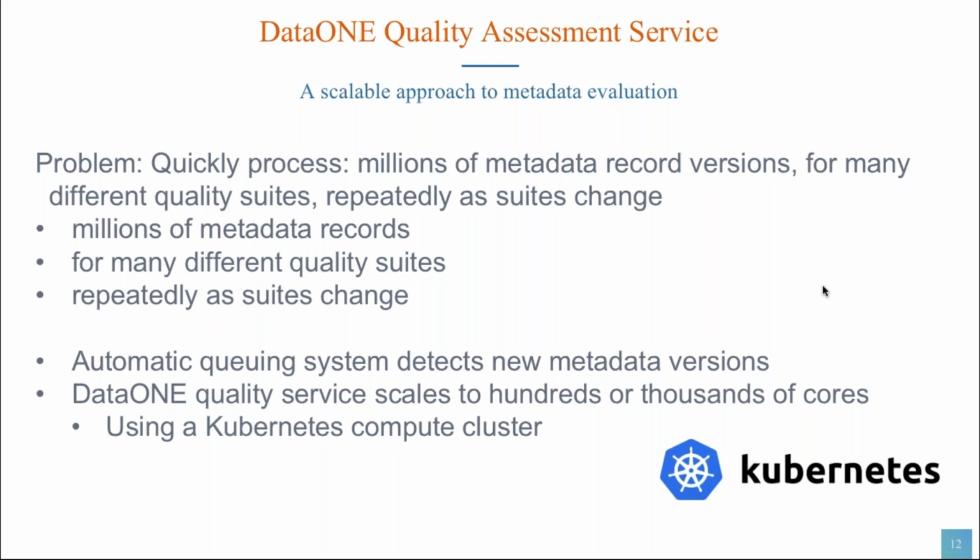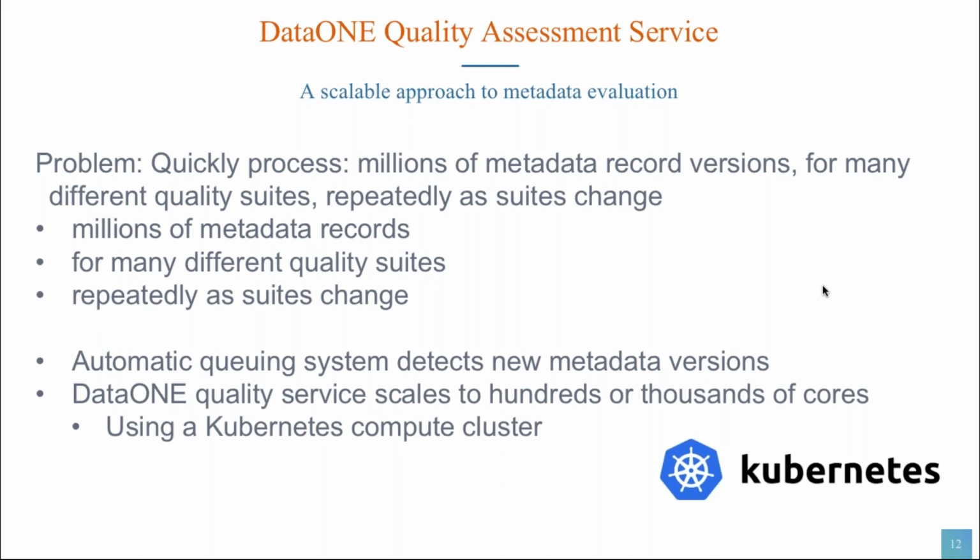So although we have 800,000 data sets, those data sets have many, many versions. When somebody's doing metadata editing, say within a web-based application, they might run through 10 versions in 10 minutes as they click save, save, save, save, save. And we're trying to assess the quality of the metadata as they move through that process and provide them with guidance on how to make the metadata record better.